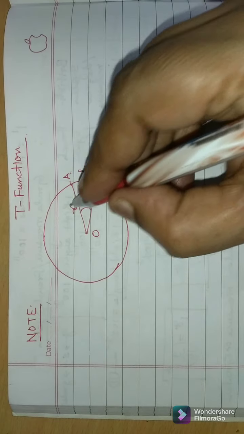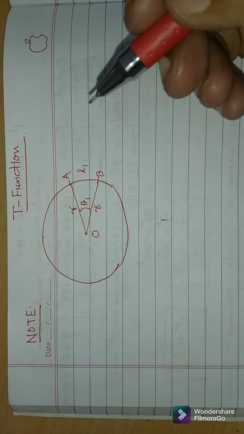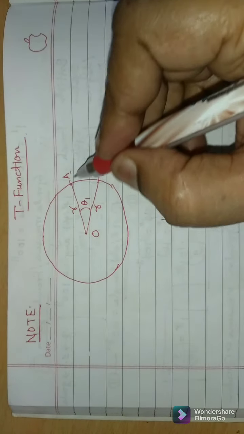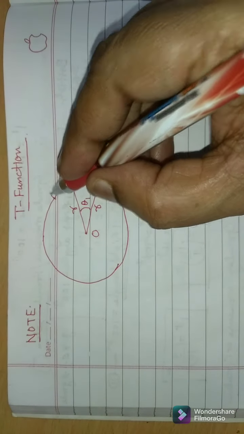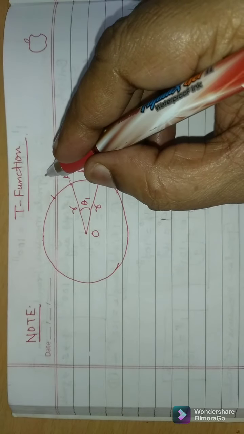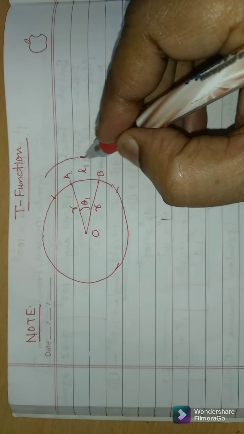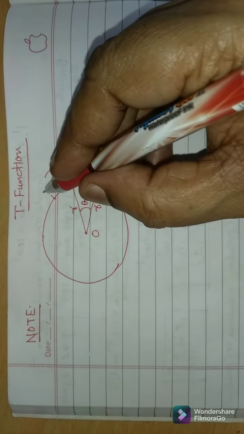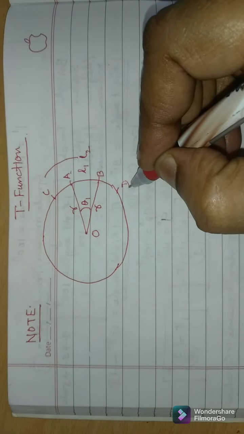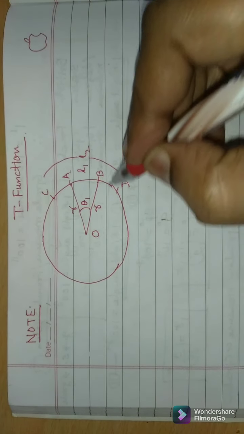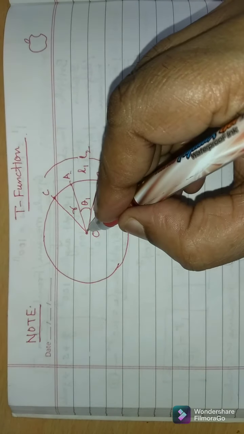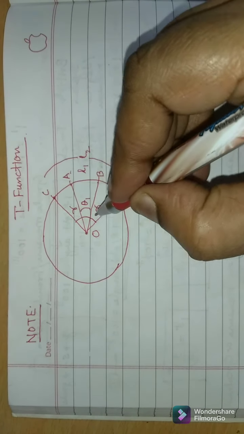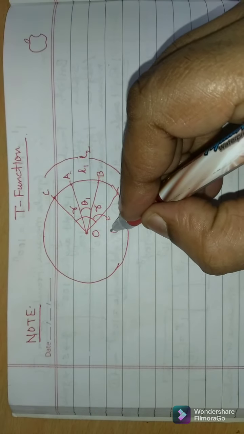Here the radius of the circle is R. Here the radius of the circle is not equal to the arc length. Suppose I just increase the length of the arc. Suppose it is L2 and this arc is increased. Then the angle made by the arc at the center, the sector angle, suppose this angle is θ2.